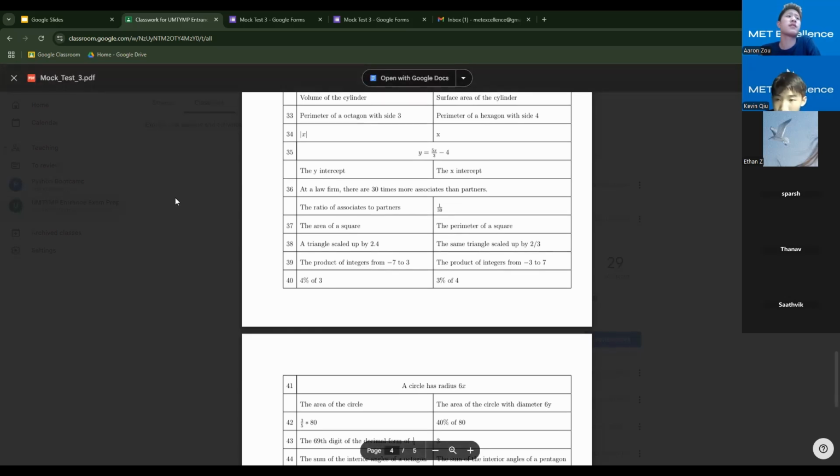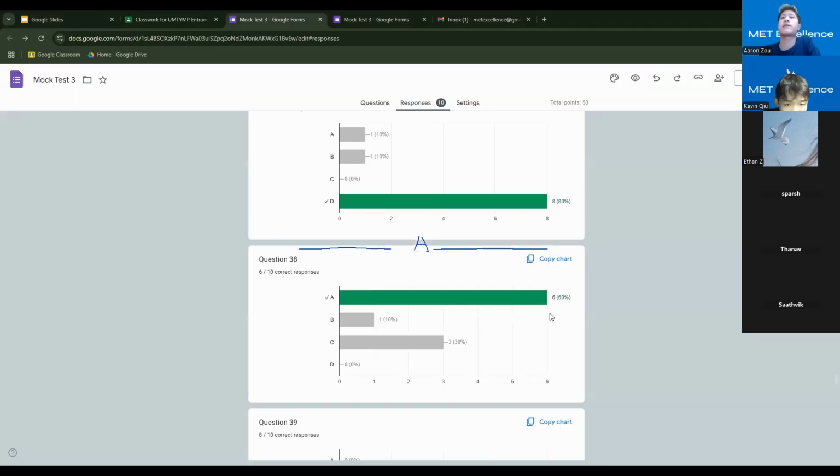This question is a little bit unclear, but I'm pretty sure it's asking for the area. So if we scale up a triangle by 2.4, the area, well, the triangle gets bigger, right? So obviously the area will increase. And if we scale it up by 2/3, well, that will make it smaller because 2/3 is less than 1. So 38 should be A. And yeah, A is the correct answer.